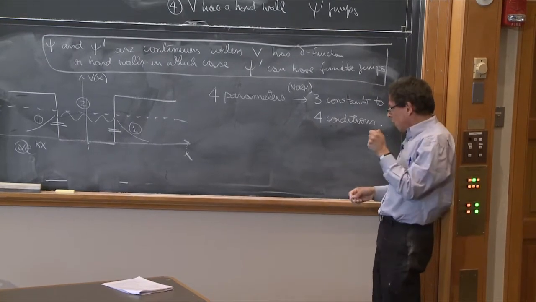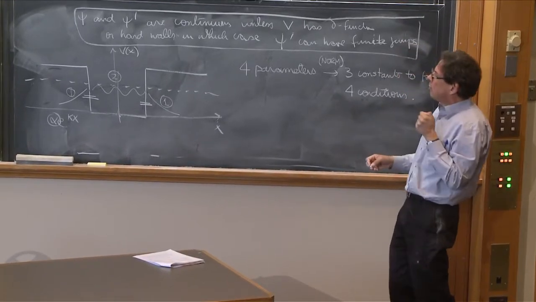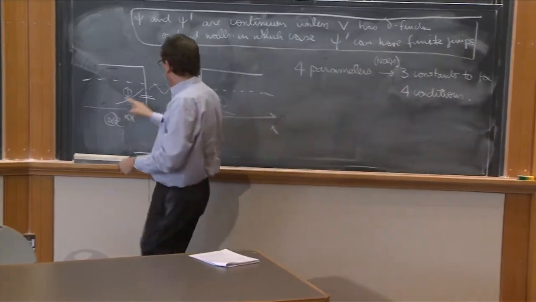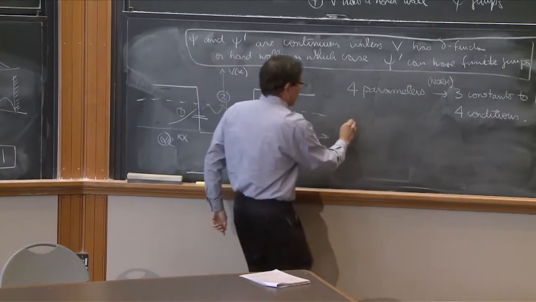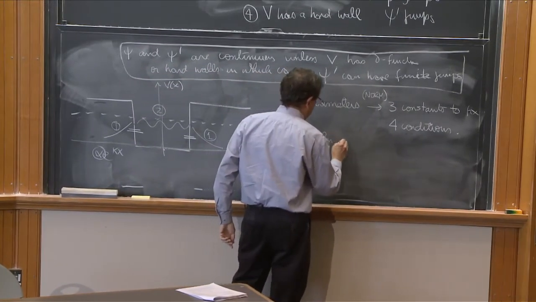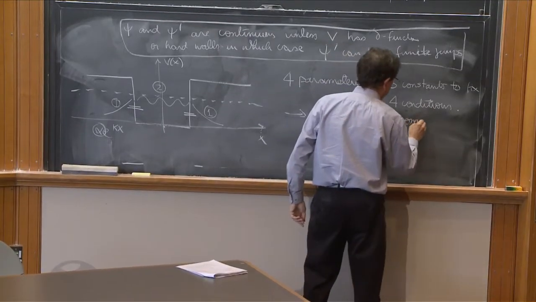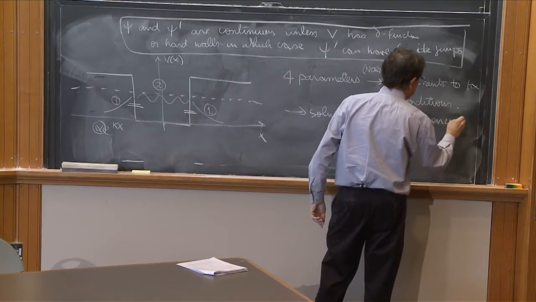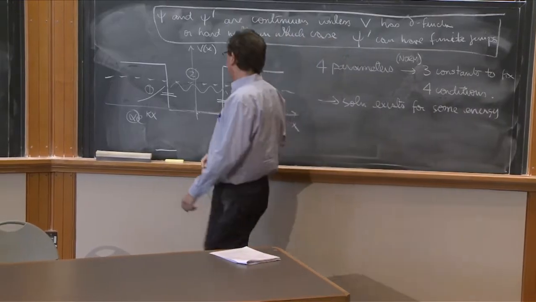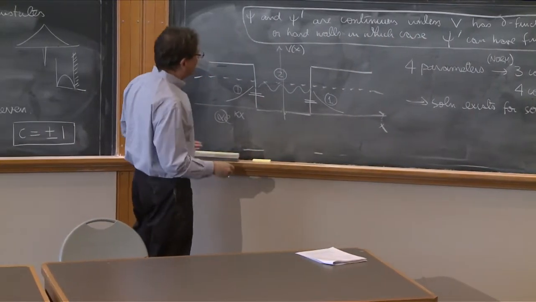So the solution should fix the energy and should fix this coefficient. So the solution exists for some energy, or possibly some values of the energies, but not all values of the energies.